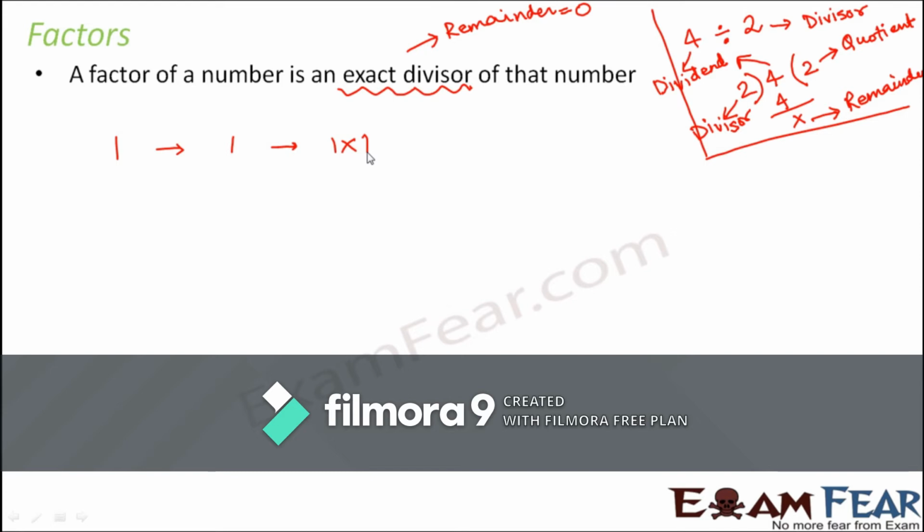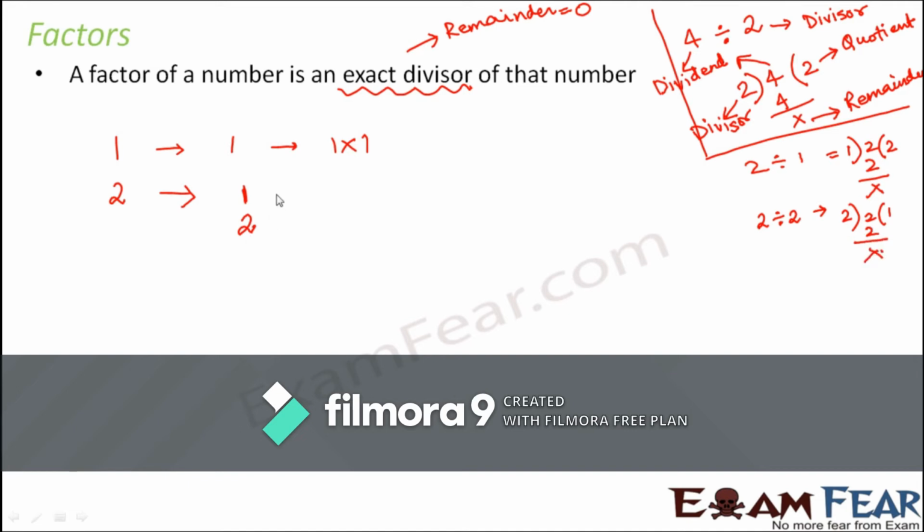Now let us consider the next number, that is 2. For 2, 1 is an exact divisor, because if you divide 2 by 1, 1 2s are 2. So the remainder is 0. So 1 is an exact divisor. 2 is also an exact divisor, because if you do 2 divided by 2, 2 1s are 2.